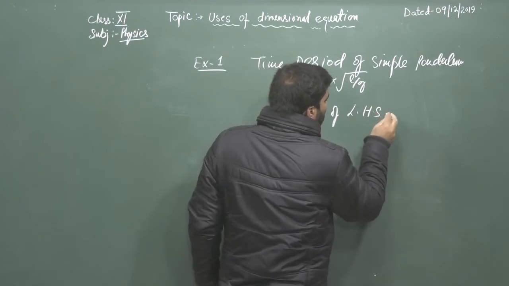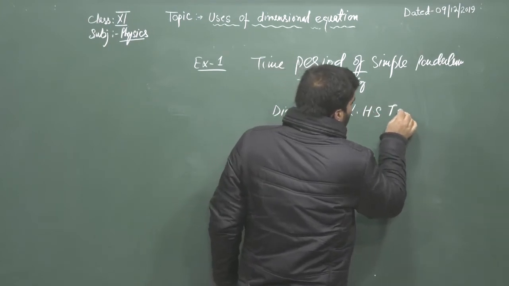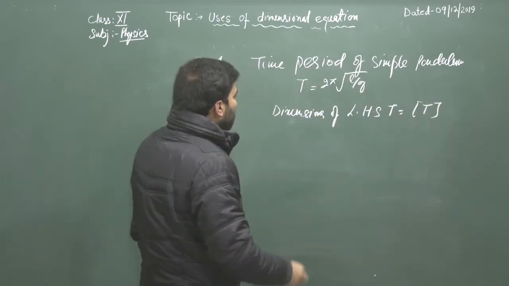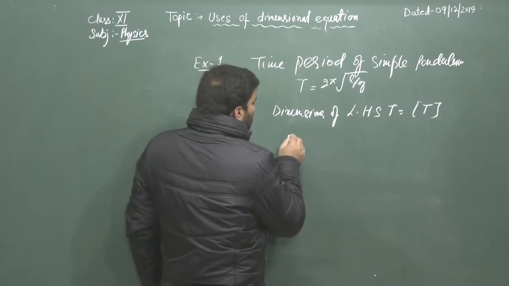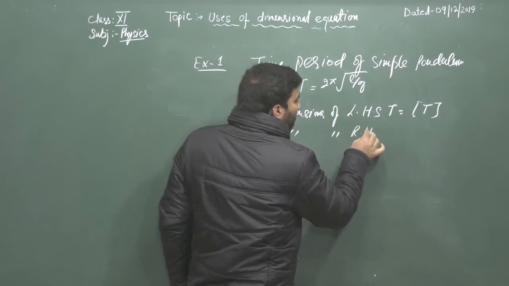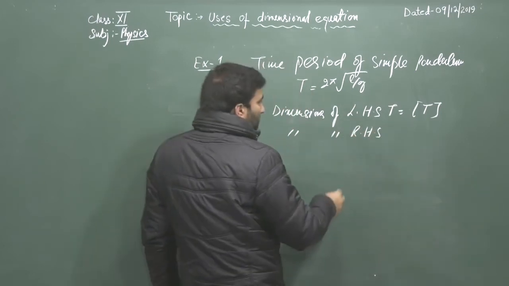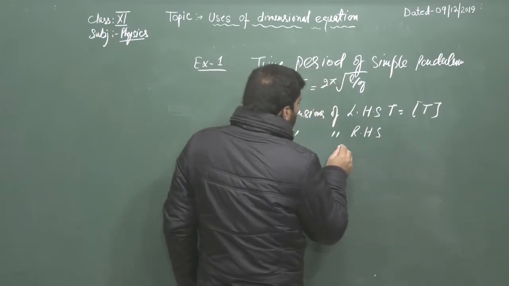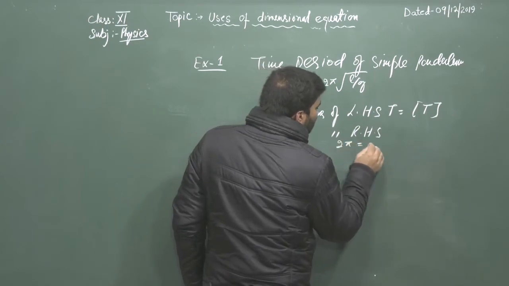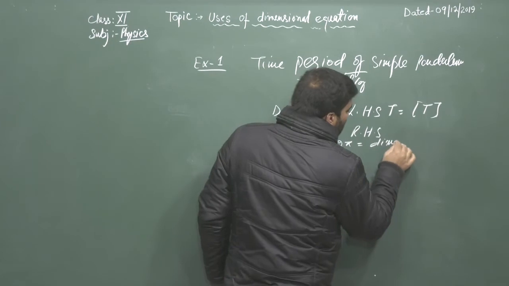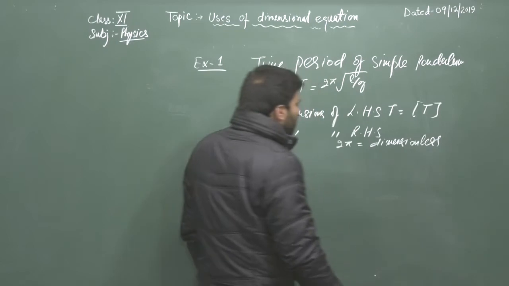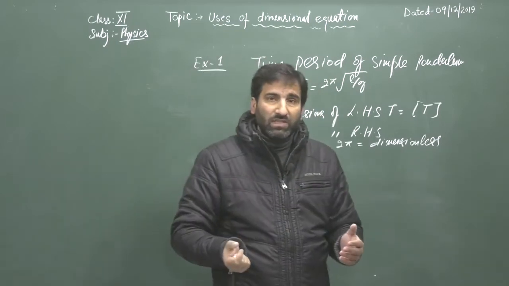Dimensions of LHS, that means time, we can write as [T] in square brackets. Now dimensions of RHS. First is 2 pi, which is a dimensionless constant.